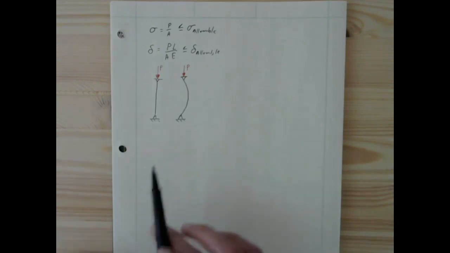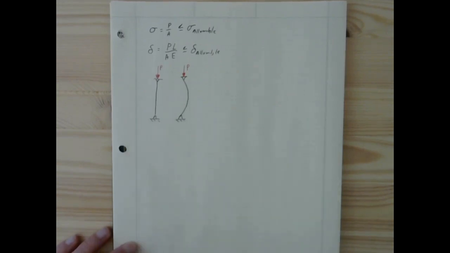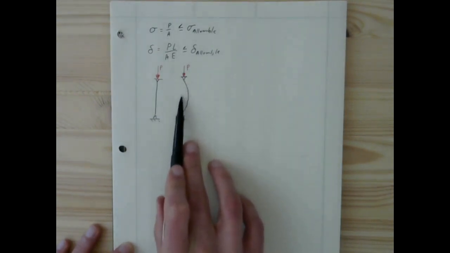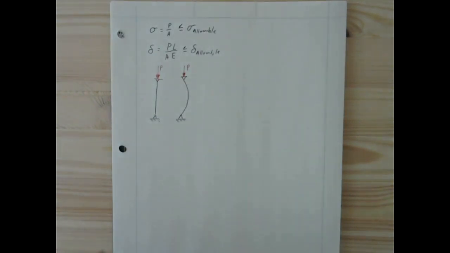And so it leads to these very sudden instabilities where it'll suddenly move laterally out of the way of the load, and it'll shed most of the load that it's holding. So it's a particularly sudden failure.